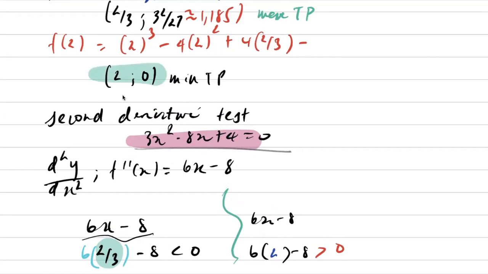Now, this means f of 2 equals 0. Once f of 2 equals 0, we know f of x is 0, which is what we're looking for.